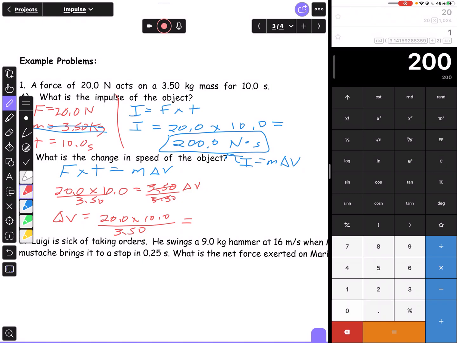So that would have been 200 divided by 3.5. It gives me 57.14 if I round to 2 decimal places. And my change in velocity would have been in meters per second.